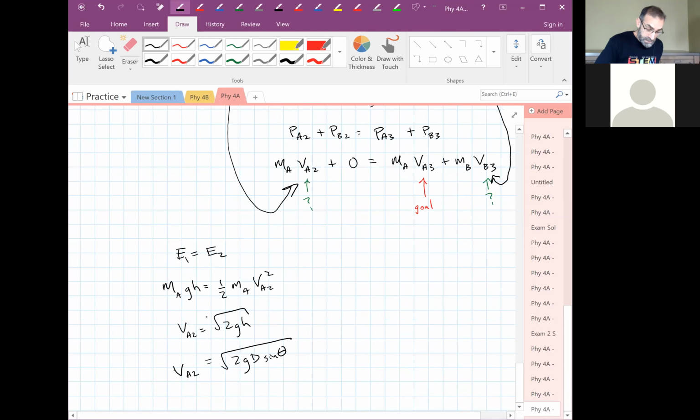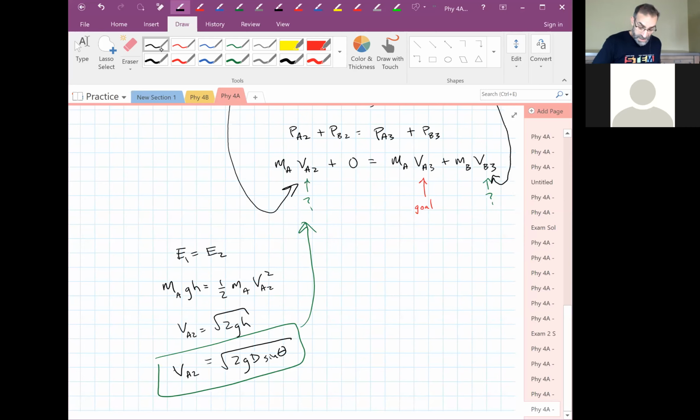And then we can do the other one. We're going to use energy to figure out the velocity of block B before that spring started to compress.